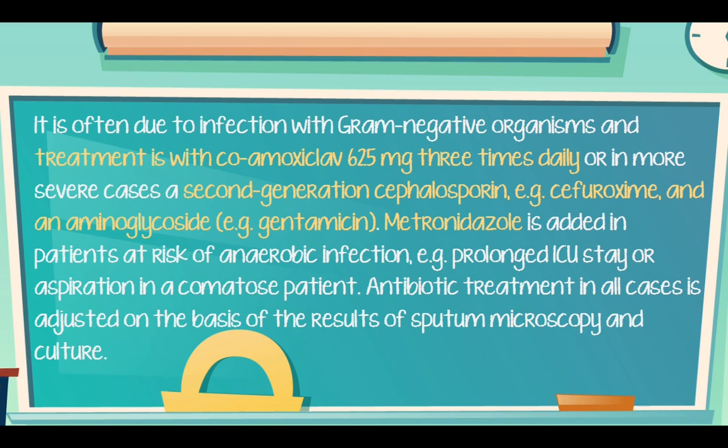Metronidazole is added in patients at risk of anaerobic infection, such as prolonged ICU stay or aspiration in a comatose patient. Antibiotic treatment in all cases is adjusted on the basis of the results of sputum microscopy and culture.